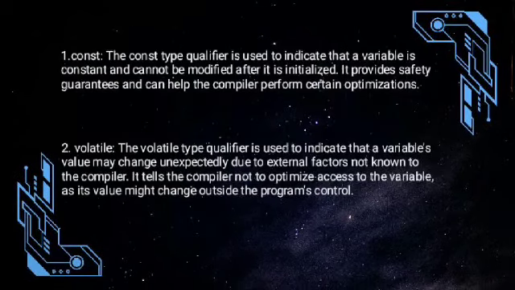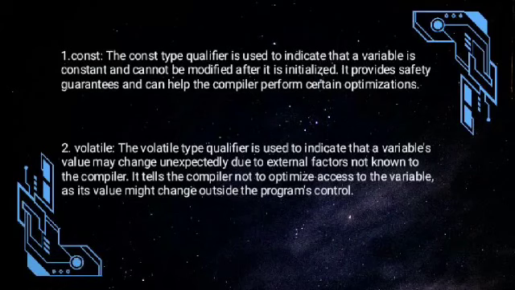Const. The const type qualifier is used to indicate that a variable is constant and cannot be modified after it is initialized. It provides safety guarantees and can help the compiler perform certain optimizations. Second, volatile.